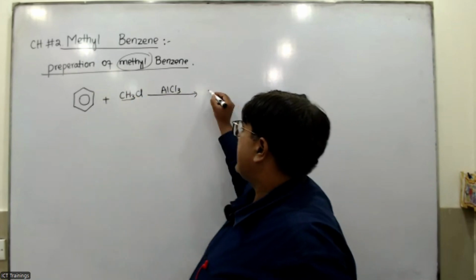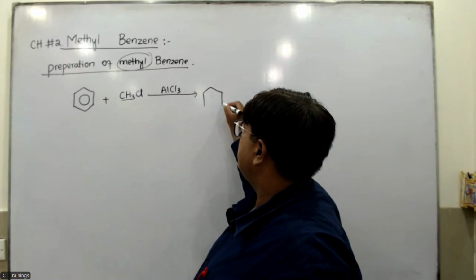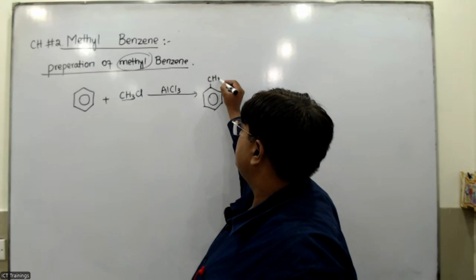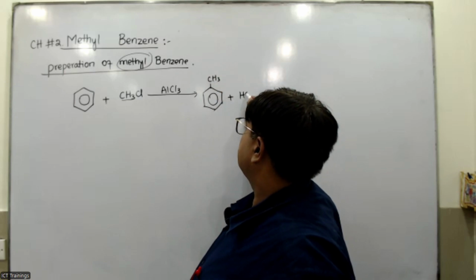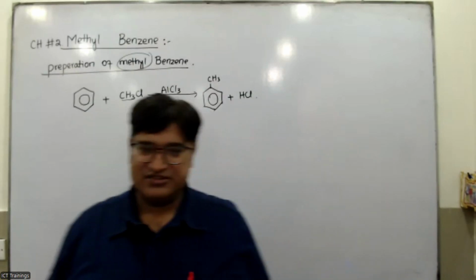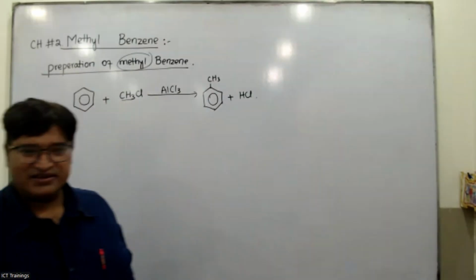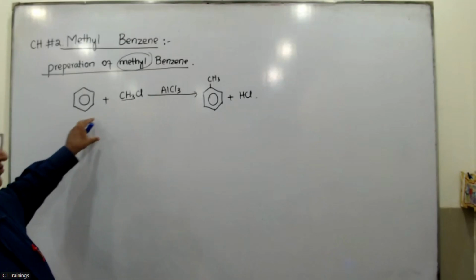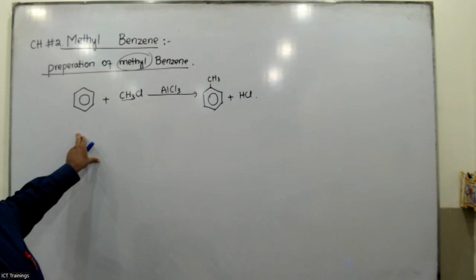The methyl group is attached to the benzene ring, so methyl benzene would be formed, and you will get HCl. So this is the preparation of methyl benzene. Is it clear, my dear? I'm not going to specify the whole mechanism here.